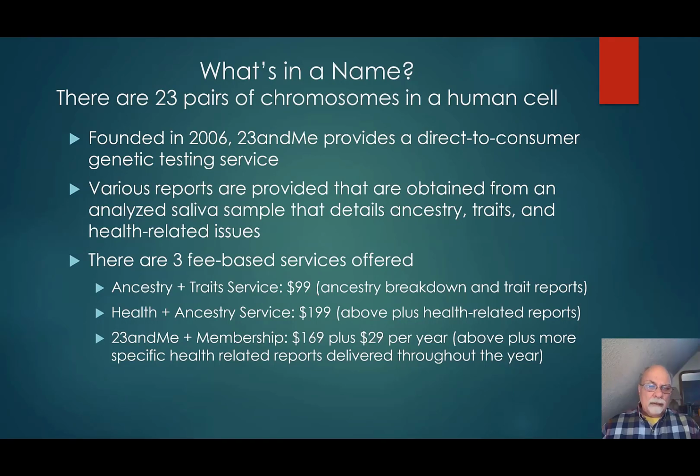Then for another $100, you get the health and ancestry services plus health-related reports. And then there's a 23andMe membership system, and throughout the year you will be getting additional specific health-related reports delivered for an additional $29 per year.